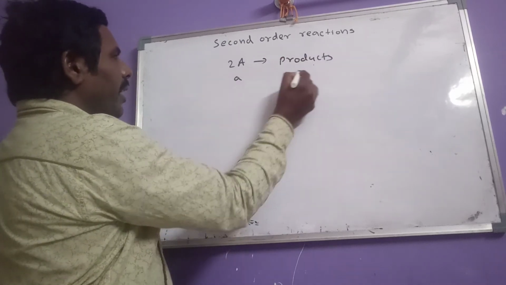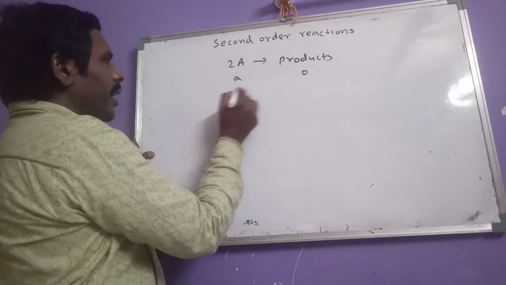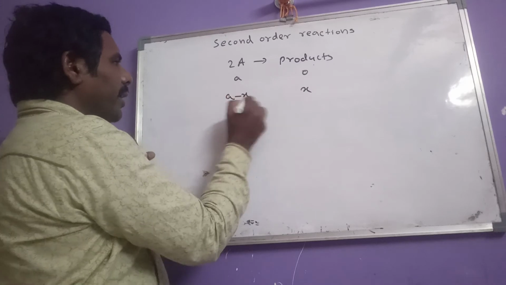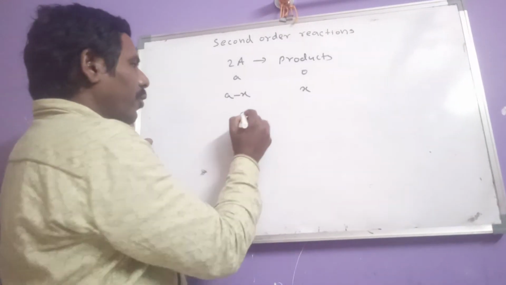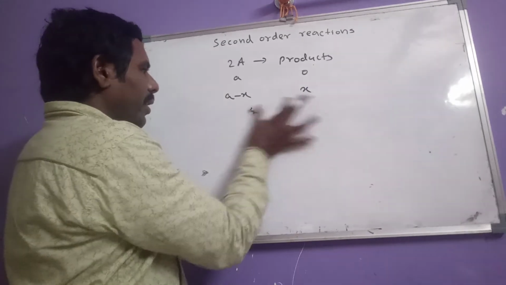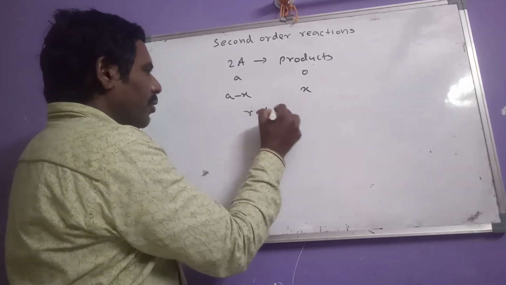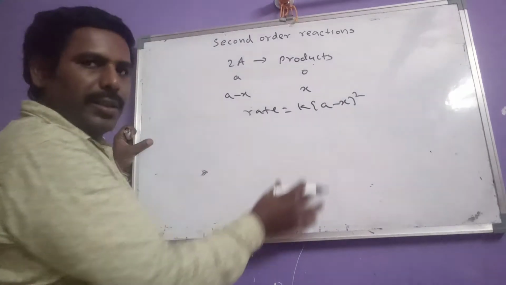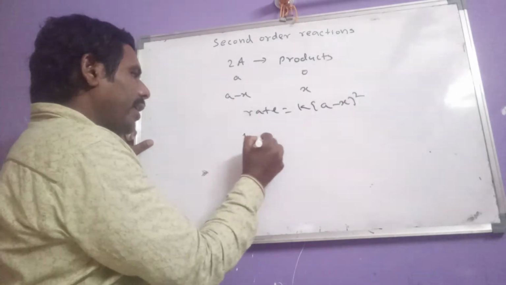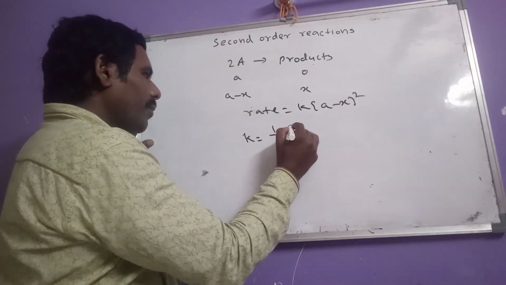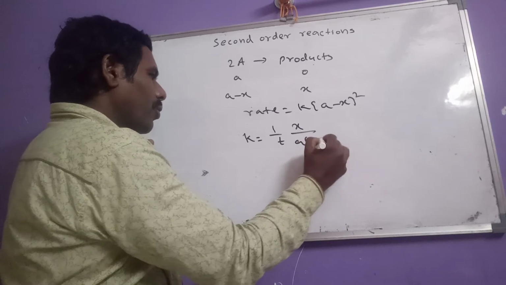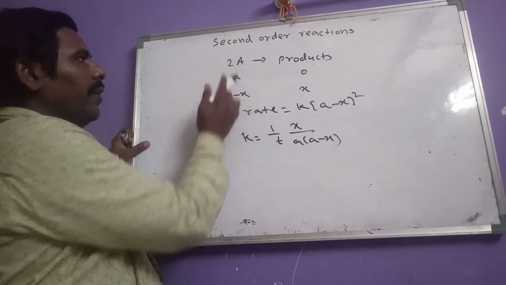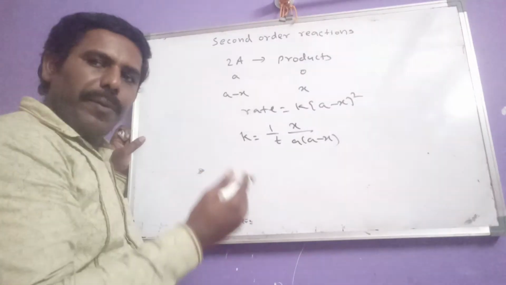Initial concentration is a, and at time t, x moles of products are formed, so the concentration is a minus x. Therefore, rate equals k into (a minus x) whole square. Upon solving, we can get k equals 1 by t into x by a into (a minus x). So this is the rate constant expression when the reaction is of the type 2A gives product.